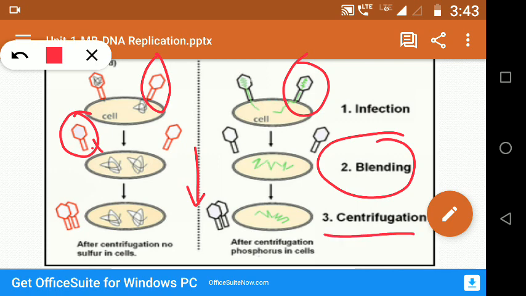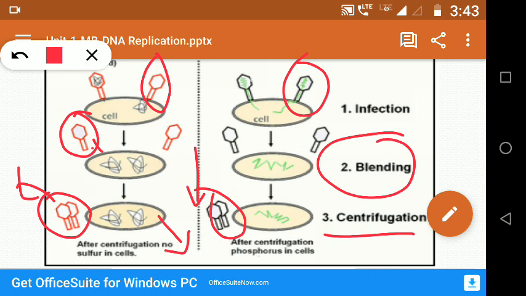those samples and centrifuged. During the centrifugation, because the cells are heavy, they will form separate bands, and in the supernatant, the protein coat will be collected in both cases. So now they checked the radioactivity in both samples.